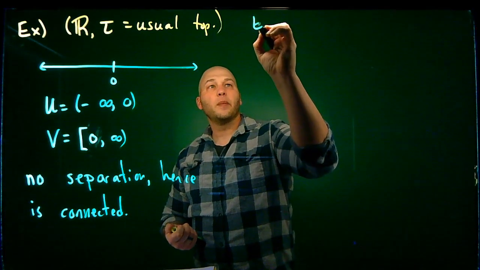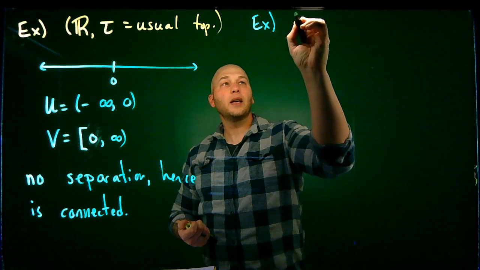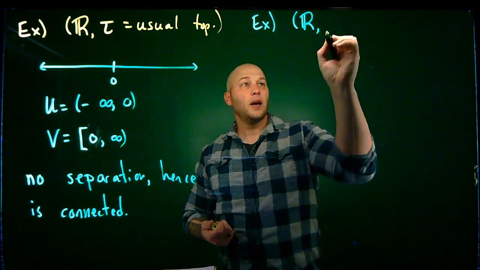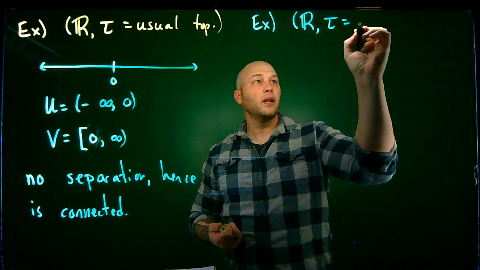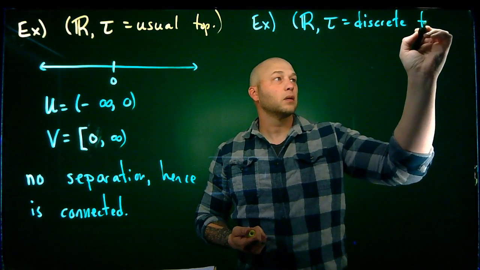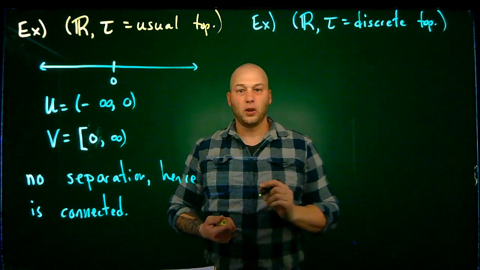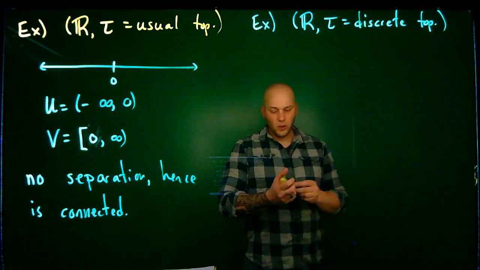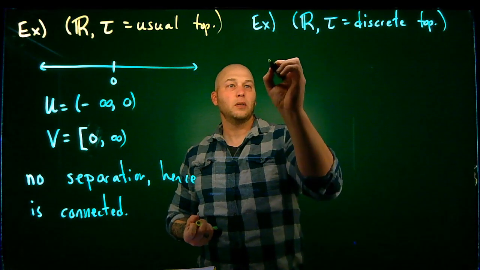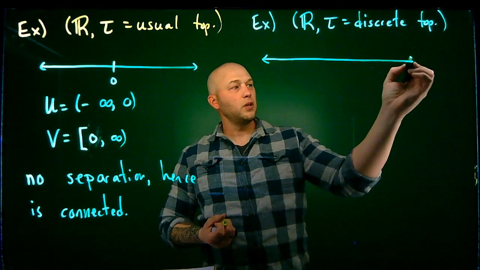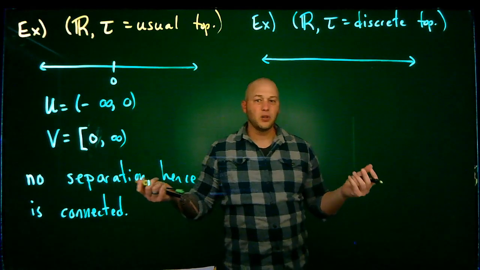Second example, let's take the real line, and this time let's say the topology is the discrete topology. So R, with tau the discrete topology. And again, notice in these sketches, I'm not giving any indication for the open sets.